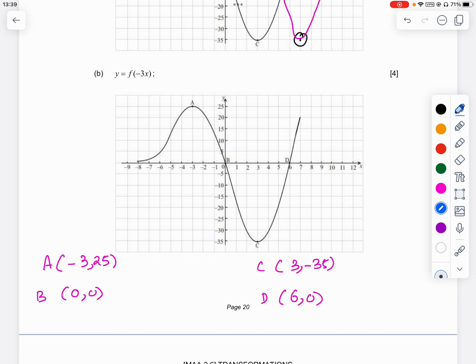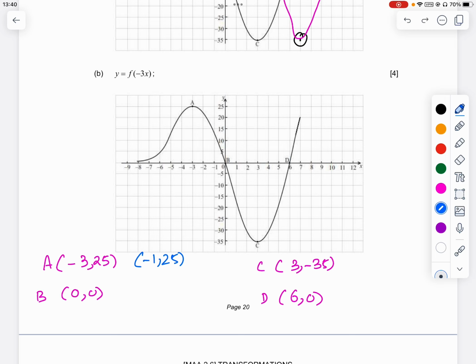Now minus 3x means x values are divided by 3, and it is reflection on y-axis. So divide x value with minus 3. So minus 3 by 3 will become minus 1 comma 25. Now what does that become? Plus 1 comma 25, and with reflection it becomes minus 1 comma 25.